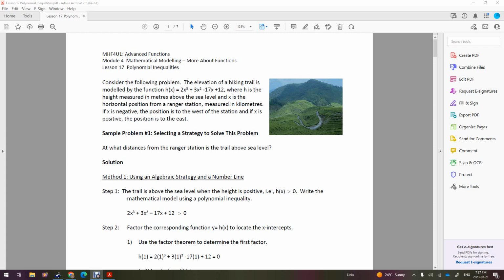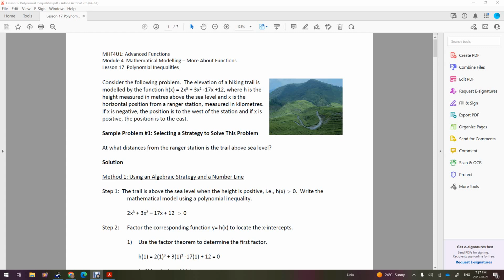Consider the problem. The elevation of a hiking trail is modeled by the function h at x is equal to 2x cubed plus 3x squared minus 17x plus 12, where h is the height measured in meters above the sea level and x is the horizontal position from a ranger station measured in kilometers.